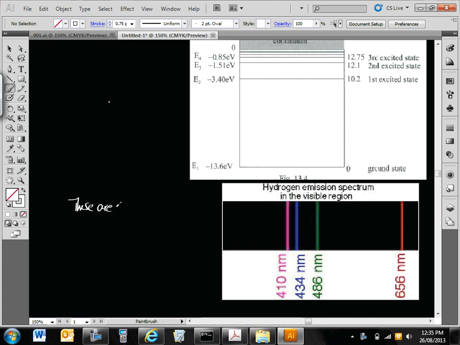These are the transitions. Remember, we call these energy jumps transitions.